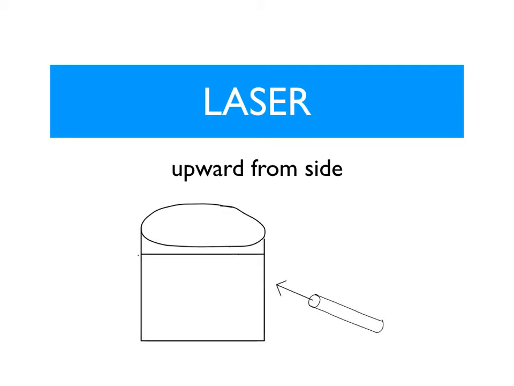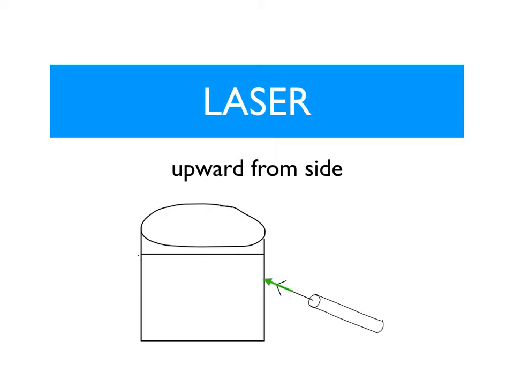In the second situation, you took the laser and you aimed it from the side, pointing it up towards the ceiling. So essentially, we're aiming it towards the underside of the water that's in the beaker.